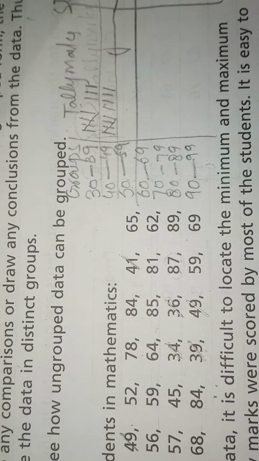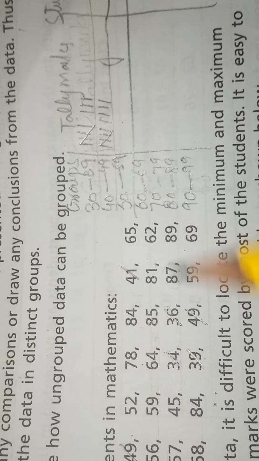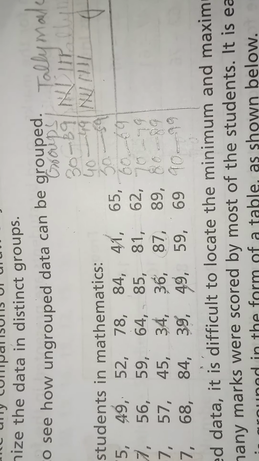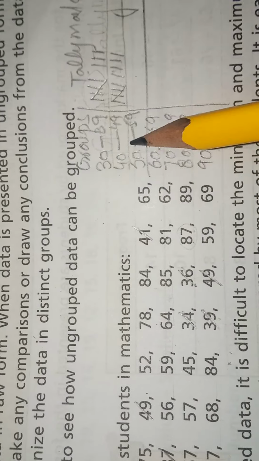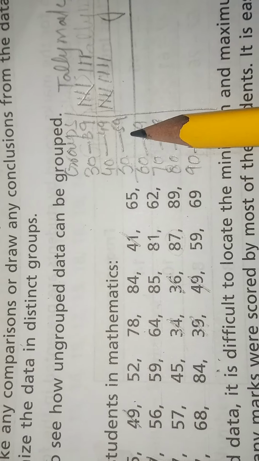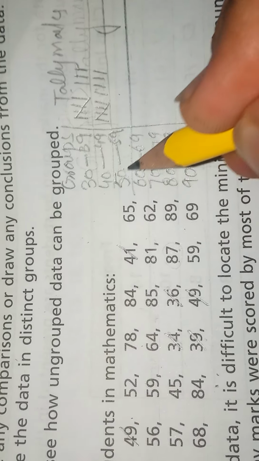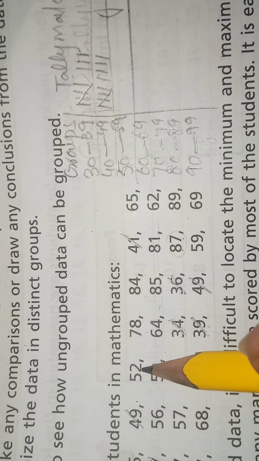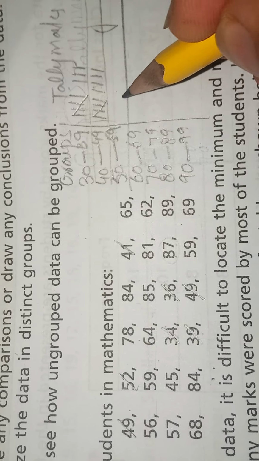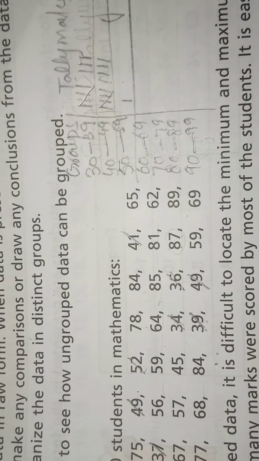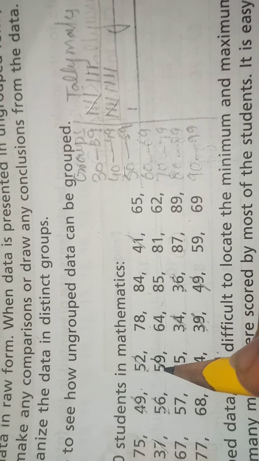Now come to another group, 50 to 59. From 50 to 59, 1 tally mark, 2, 3, 2 more.